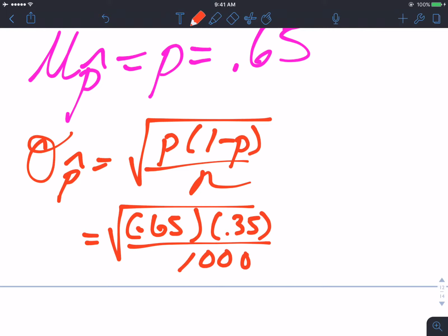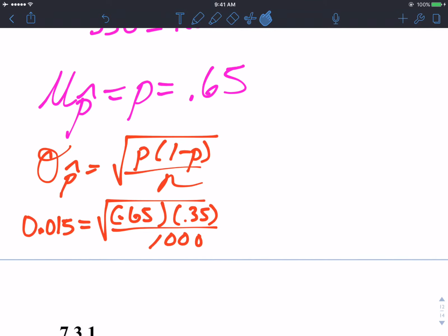And if you were to calculate that, that gives you 0.015. Now I'm going to draw my pretty picture.